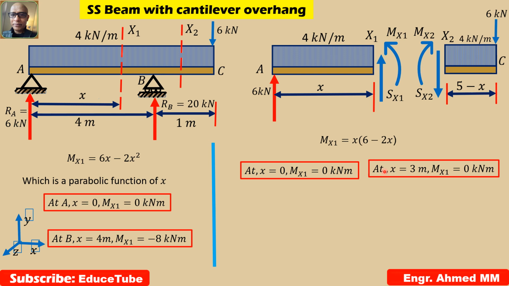And this moment 0 is a significant point in the sense that we call this point of contraflexure, because at this point, I mean from here 3 meters far, the bending moment changes sign, the curvature of the beam is 0.